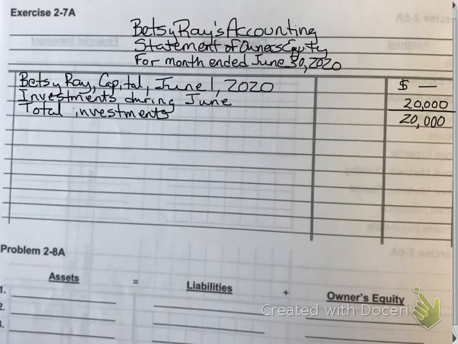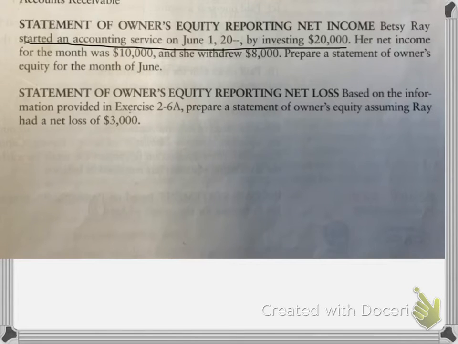Once you've established that capital, what you look for is either the net income or the net loss. In this problem, it tells us that Ray had a net loss of $3,000. When we worked the previous one, there was an income. This has a net loss.